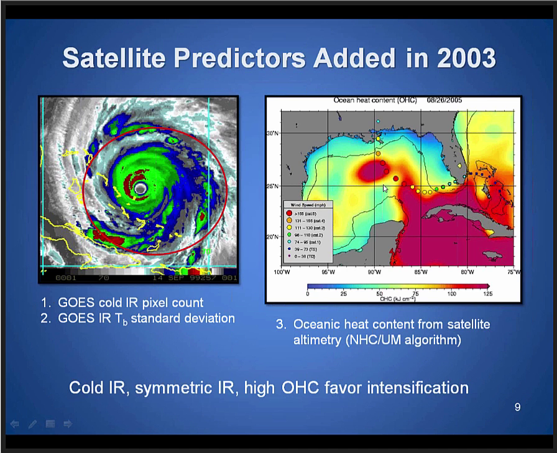On the right side, a depiction from satellite altimetry showing the heat content, which is usually calculated as essentially how much energy is available for the hurricane to tap into by considering how deep the water is and how deep of at least 26.5 degrees C water.